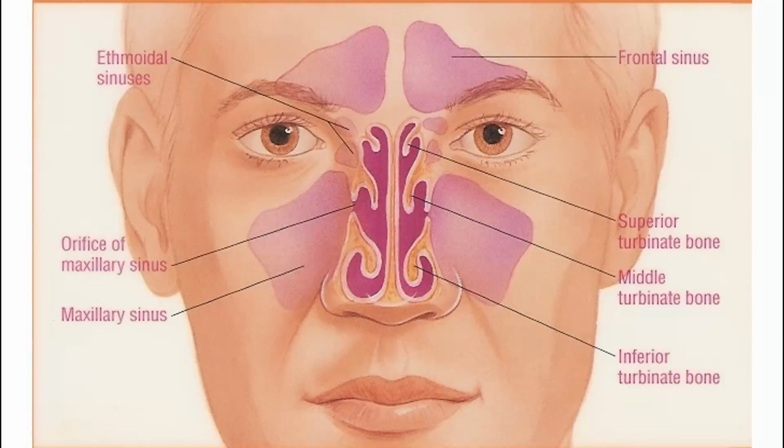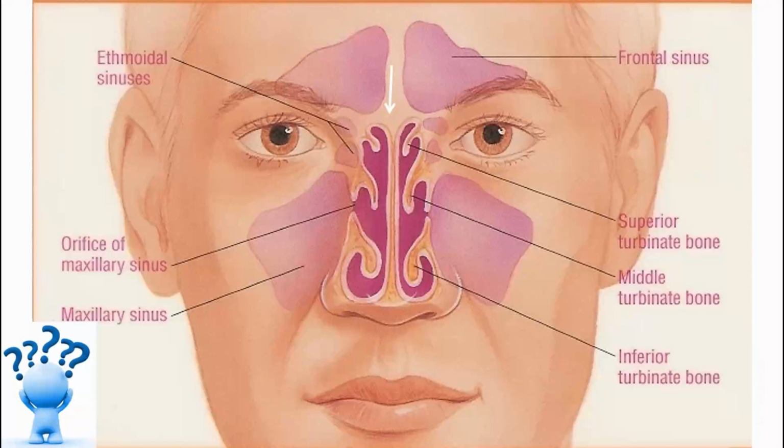What is this image showing me? First of all, it is showing that the nasal cavity divided by a nasal septum has an upper end or a roof.